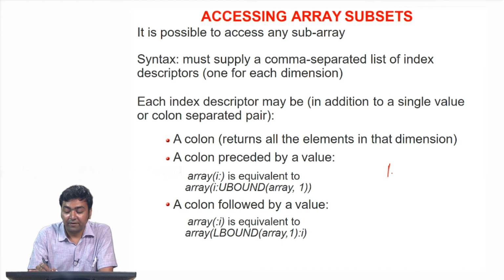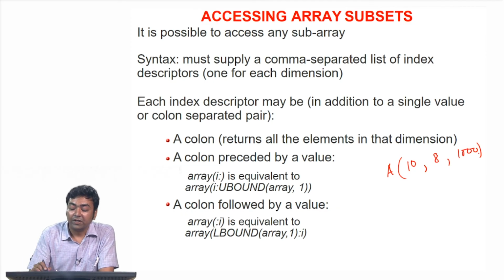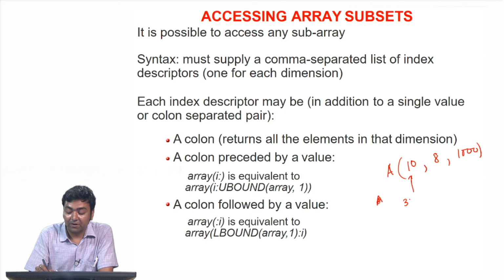suppose I have an array with dimensions 10, 8, 1000. Now, instead of accessing this whole thing, what I want is to access along the first dimension the elements labeled from 3 to 5, along the second from 1 to 4, and along the third from 90 to 100.